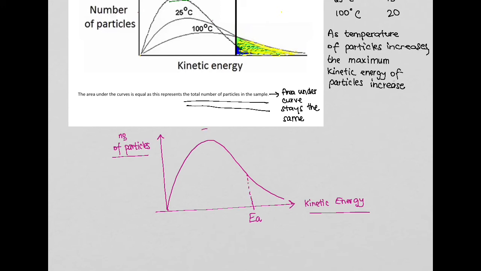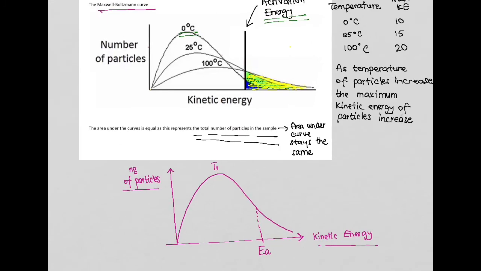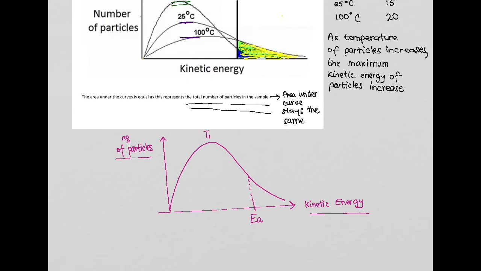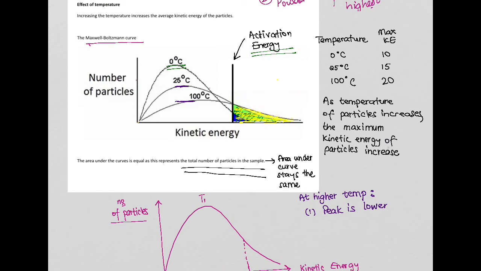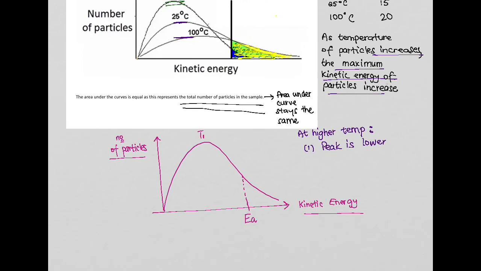Now, this is T1. At a higher temperature, let's say T2, the peak is going to be lower. So I'm going to have a lower peak, plus the peak should shift to the right, because as temperature increases, the maximum kinetic energy of particles increases. If for T1 the maximum kinetic energy was here, for T2 it is going to be here.